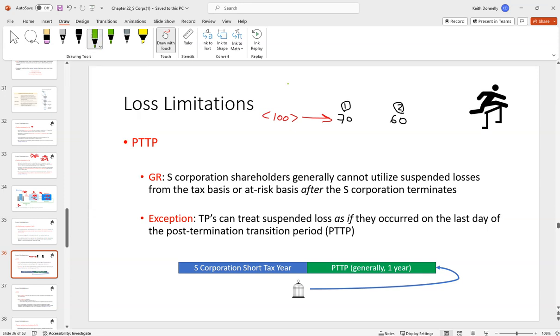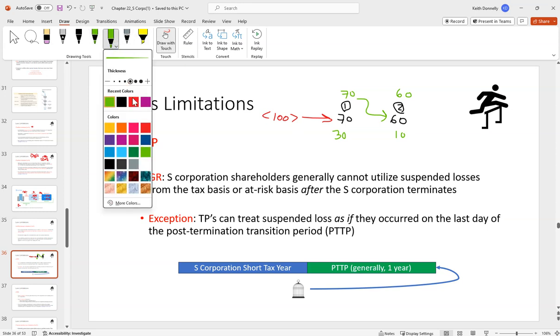If we're doing the hurdles, 70 clears and 30 is going to be jammed up. You take the 70 over, 60 clears, and then 10 is going to be jammed up.